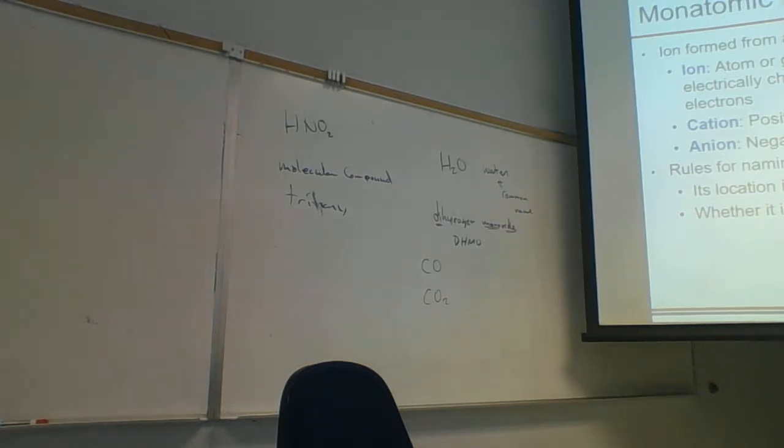For ionic compounds, you write the cation name, space, and then the anion name. So we just have to figure out what the cation names and anion names are.